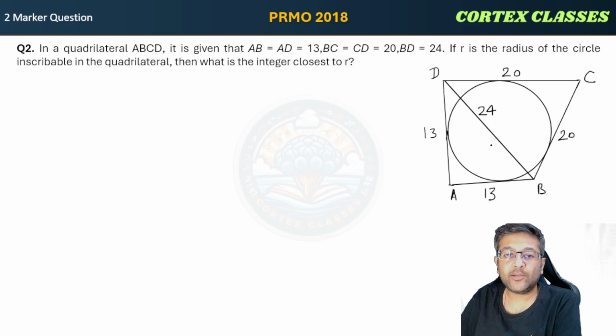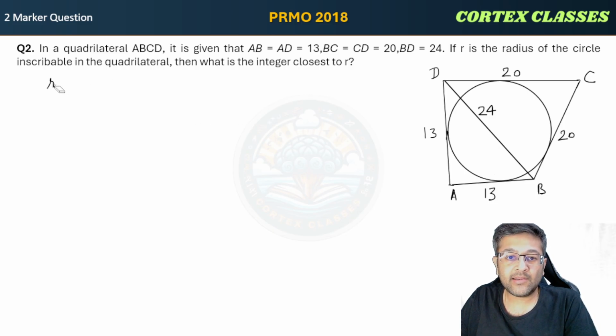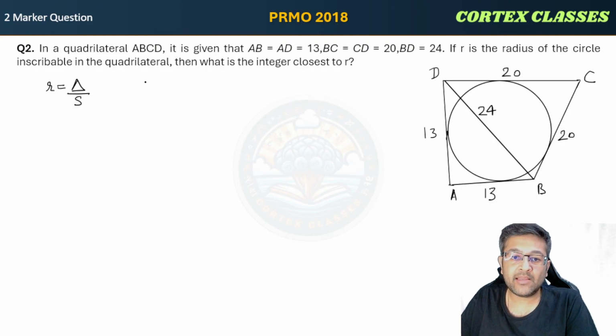All right guys, so we need to find the circle. जो ये circle है guys अंदर, उसका radius अगर small r मानते हैं हम, तो उसकी value हमें ढूंढनी है to the nearest integer. So guys, we know that the inradius of a quadrilateral is given by delta upon s, right? That is the formula. Where what is this s value here? That is simply calculate कर लेते हैं यहाँ पे.